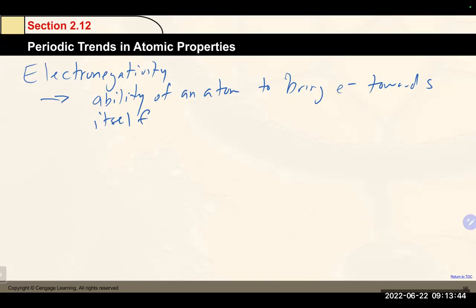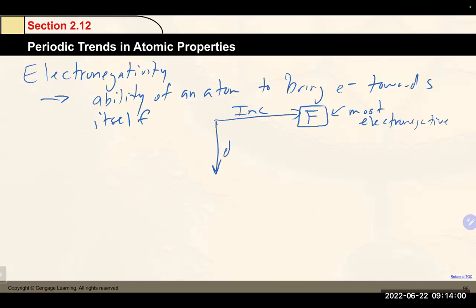In general, on the periodic table, it increases as you go up and to the right, with fluorine being the most electronegative element you could have. And it decreases as you go down on the periodic table. As you go up and to the right, they have the ability to really bring electrons towards themselves. As you go left and down, they really don't want to bring electrons towards themselves.